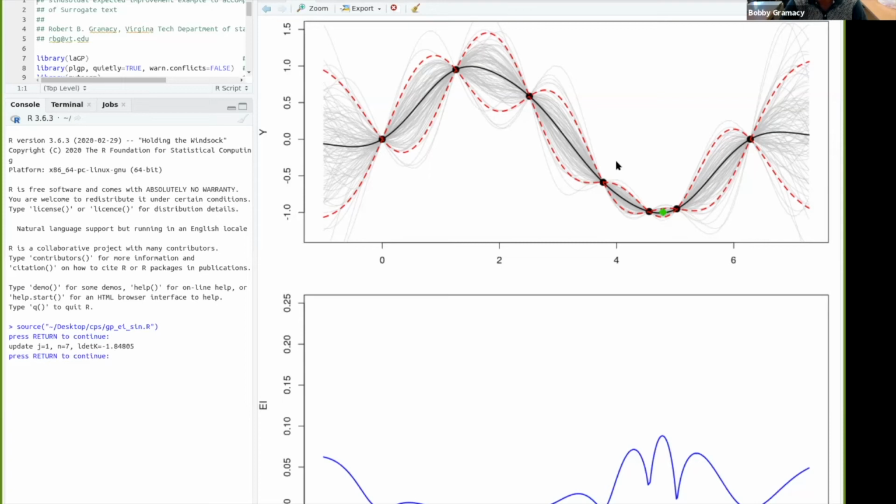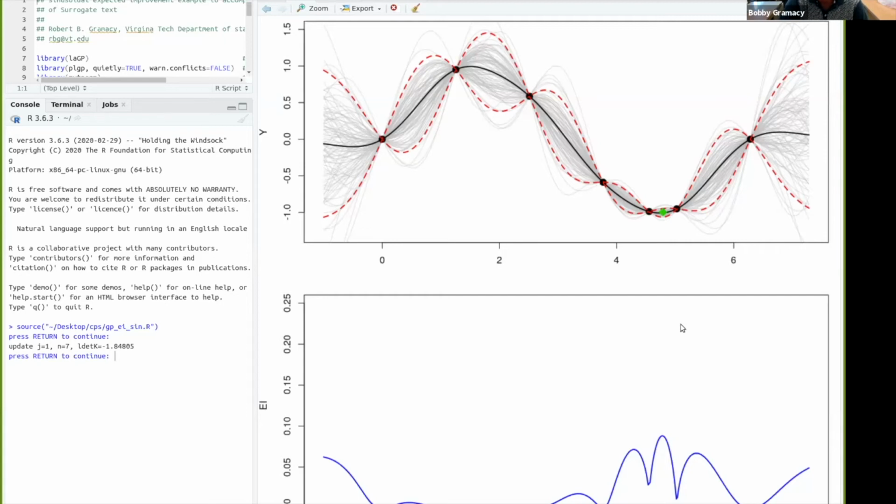It actually reduces the variability everywhere, but the most reduction is nearby. And the potential for expected improvement has gone down too. I've been a little bit careful here to keep the y-axis of my expected improvement constant so that you can see that learning has happened. My potential for expected improvement has gone down.